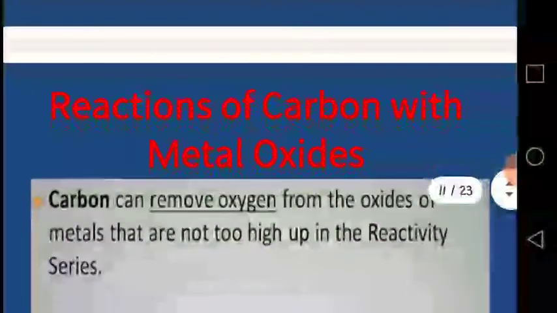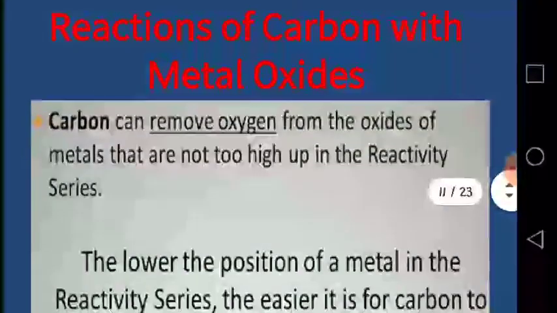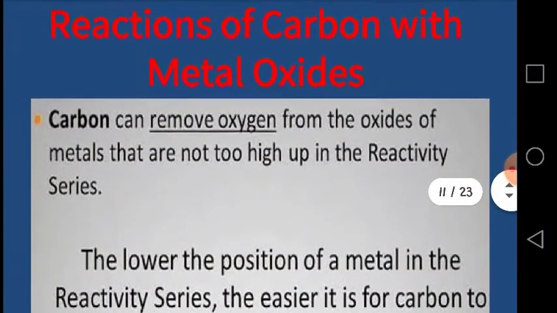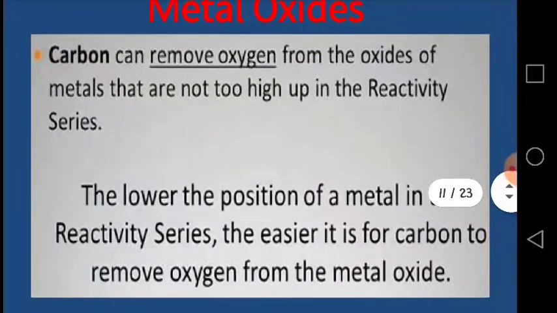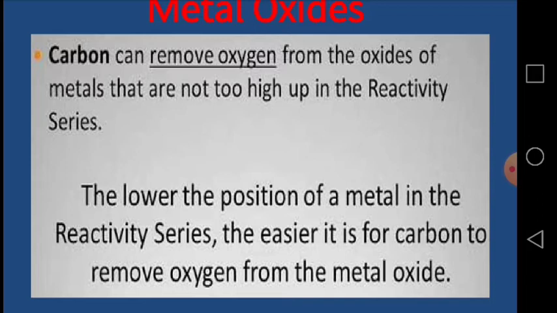Now we are moving on to the reaction of the metal oxides with carbon. First of all, we are going to see that carbon can remove oxygen from the oxides of metals that are not too high up in the reactivity series. The lower the position of a metal in the reactivity series, the easier it is for carbon to remove oxygen from the metal oxide.